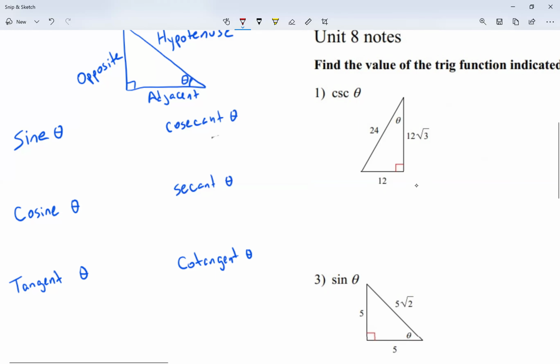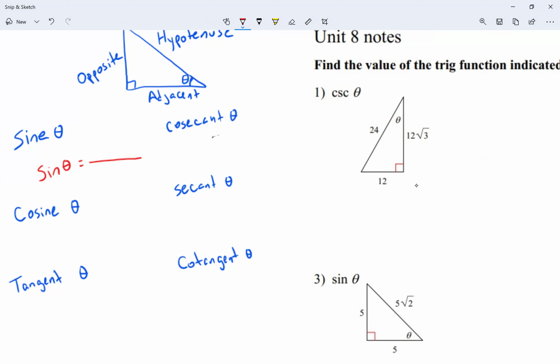For sine, I'm going to abbreviate it to the first 3 letters. So let me just call it S-I-N, theta. I'm still going to call it sine. I'm not going to read it as sin. It is still pronounced sine. Okay, sine of theta. And like I said, this is going to equal a fraction. The same thing with cosine.